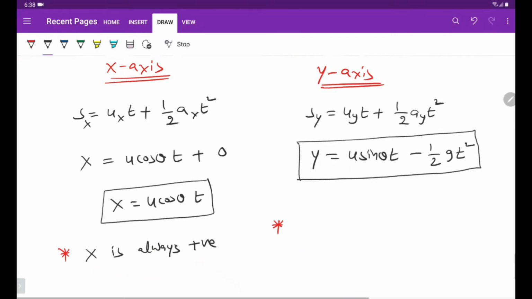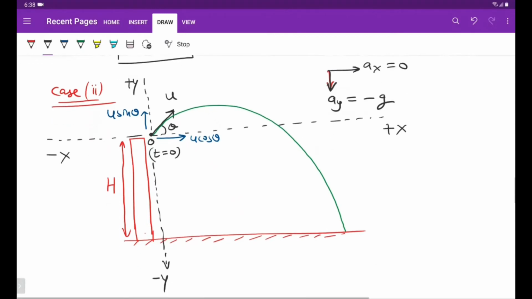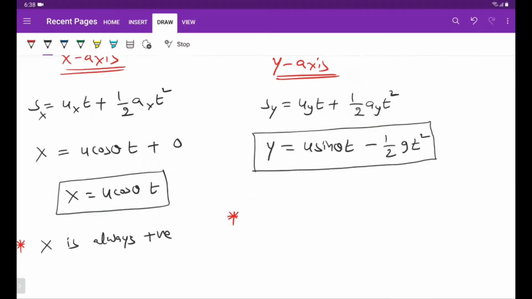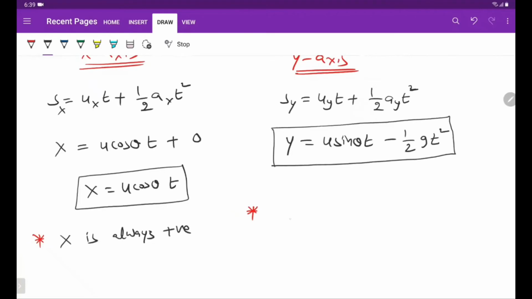In the diagram, y is first positive as it goes up, then it comes down, crosses the origin, and finally is below the origin, so it is negative. So the sign of y changes depending on t.